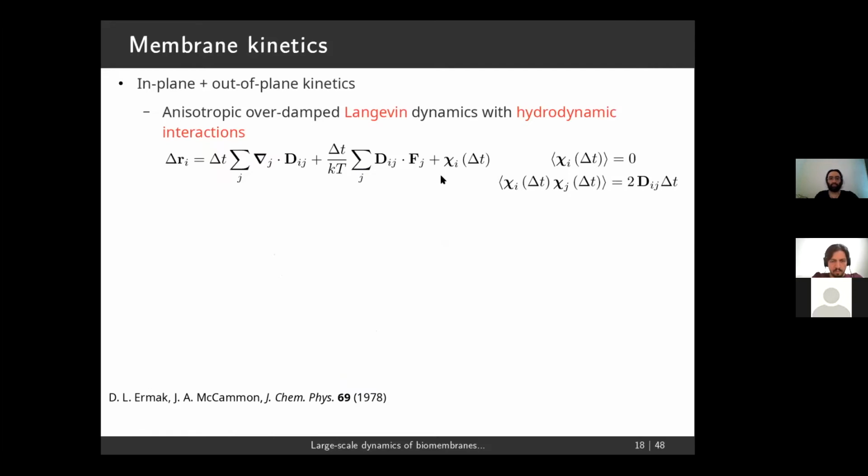And that consistent framework is the overdamped Langevin dynamics with hydrodynamic interactions. So this is more or less an equation for Brownian dynamics. And so it's a souped-up version. It looks a bit scary because now, first of all, we have the diffusion tensor instead of a diffusion coefficient. And second of all, as you can guess from this sum, the motion of one particle is also affected by the forces existing on the rest of the system.